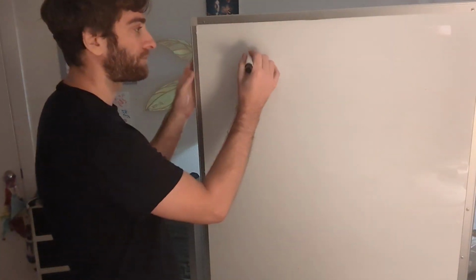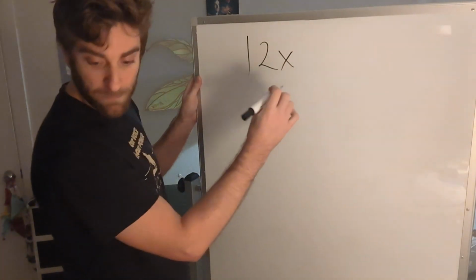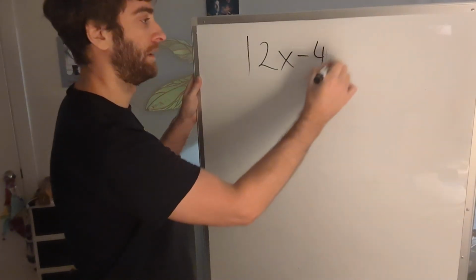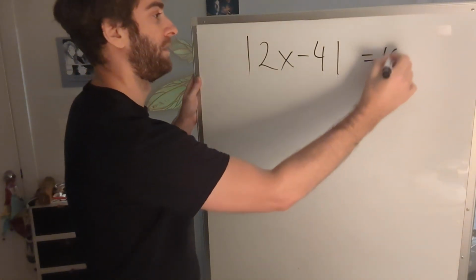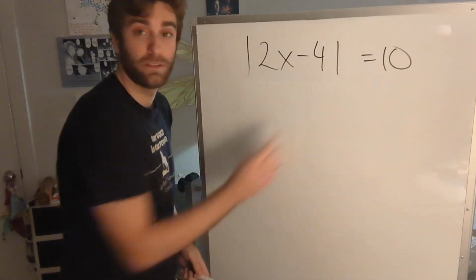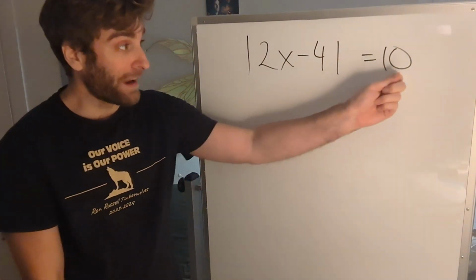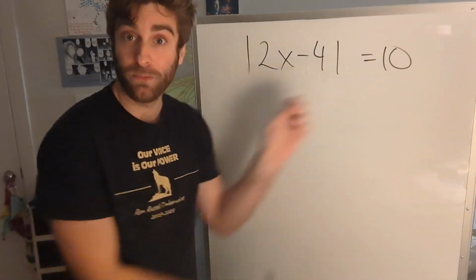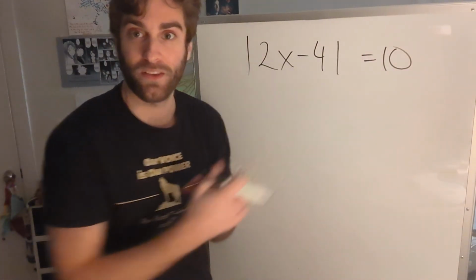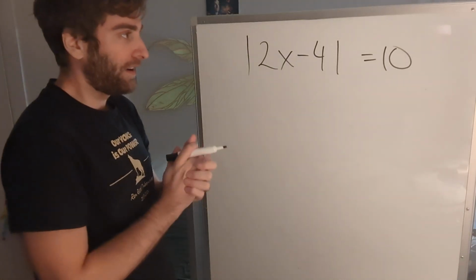First example, the absolute value of 2x minus 4 equals 10. So I have the absolute value of a number is equal to 10. Okay, so my answer here is a positive number, thank goodness, because anything in an absolute value always has to be positive.